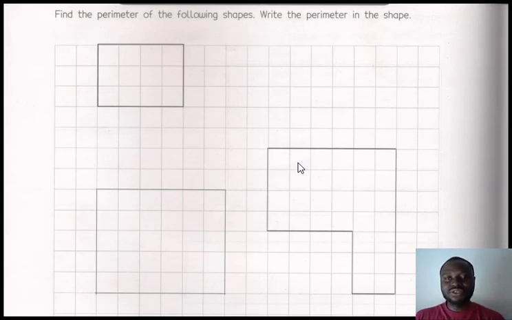When you look at the bottom part of your book, you can see the scale there. Now, the scale is such that each square you see here has a side of 1 centimeter.